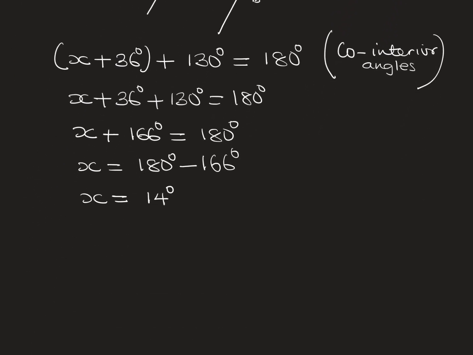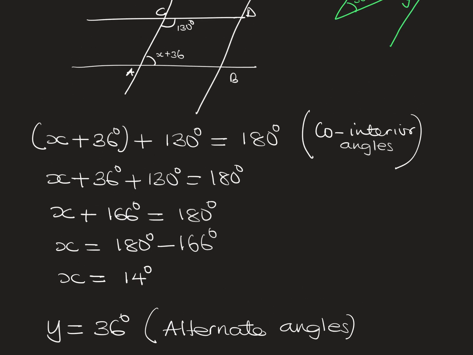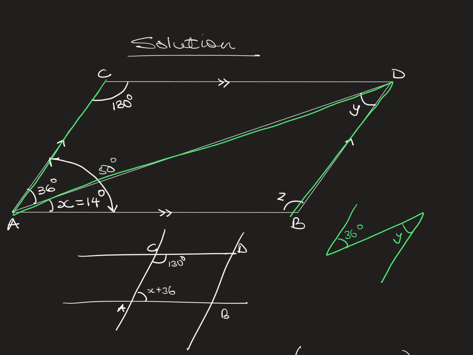So we can say y is equal to 36 degrees because of alternate angles. Okay, so y is 36 degrees.